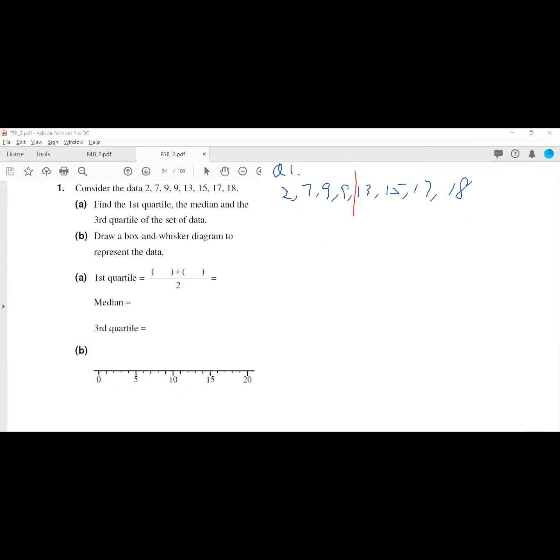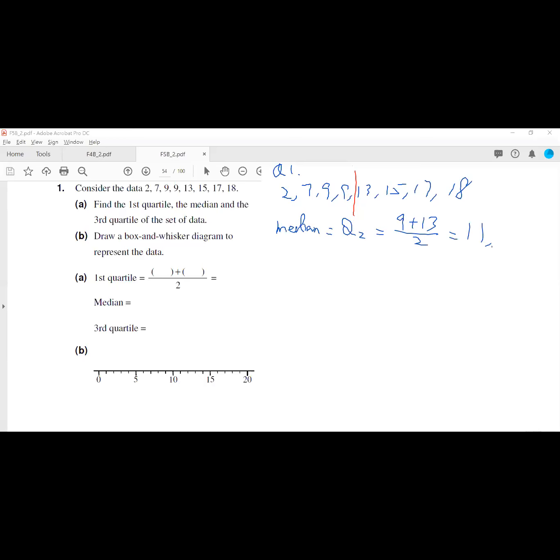Okay, so median, or we say Q2 is equal to 9 plus 13 over 2, which is equal to 11. Okay, and there is no unit for this data, just 11.